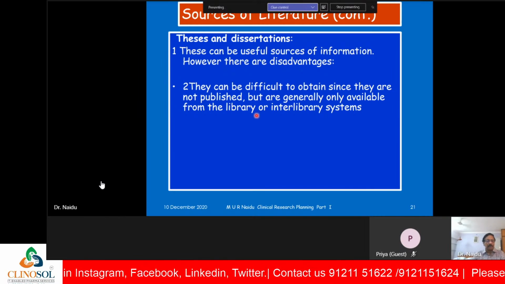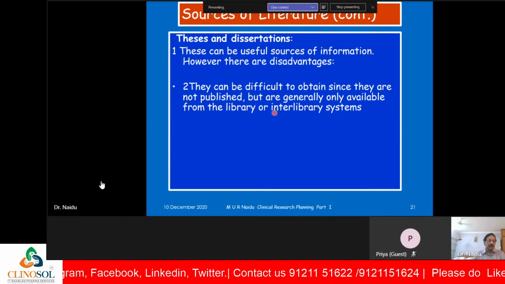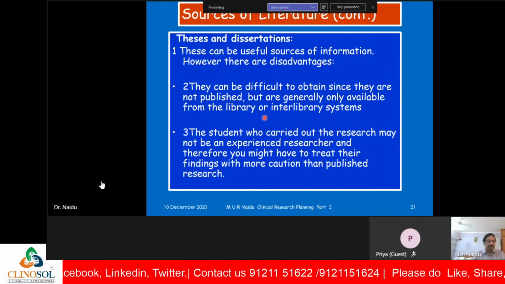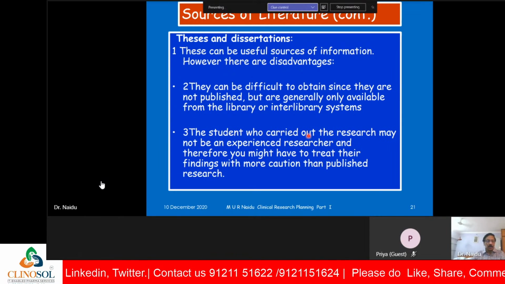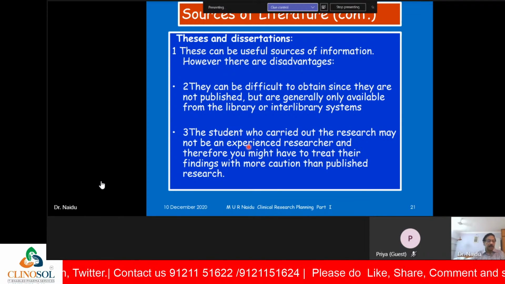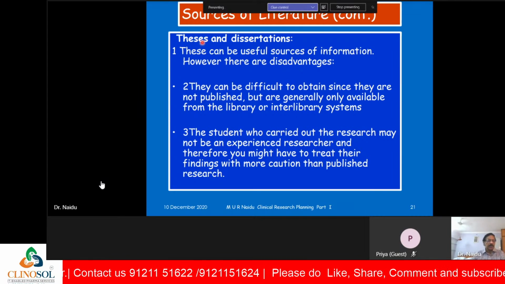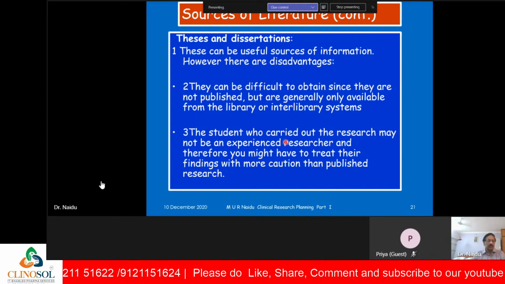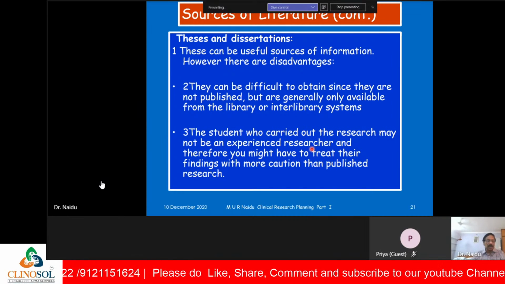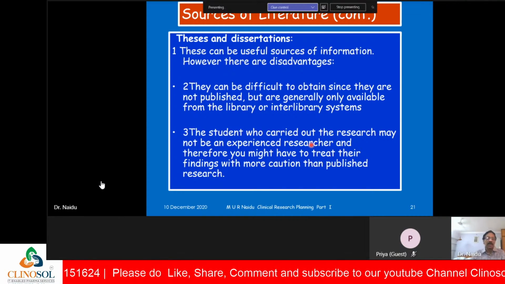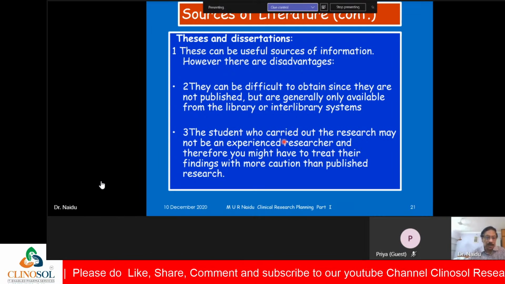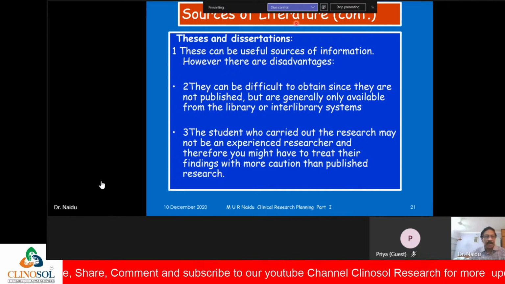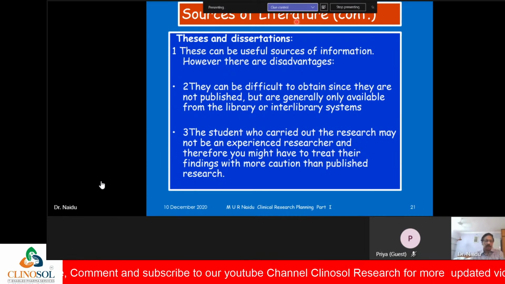You have to go to the library, and if it is available, you can use it. So that is the difficulty. The student who carried out the research may not be experienced. A thesis is written by a student who does not have experience, so we don't know whether whatever he analyzed and put down is really very good. So this is another disadvantage of using a thesis or dissertation as your literature source.